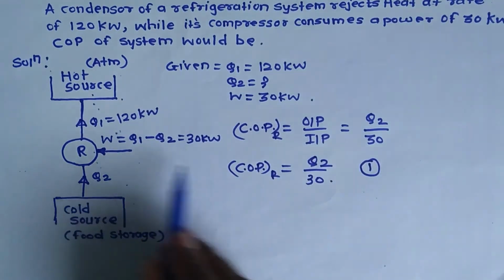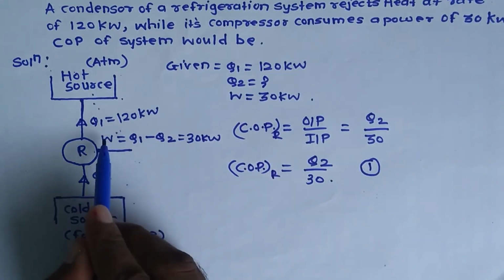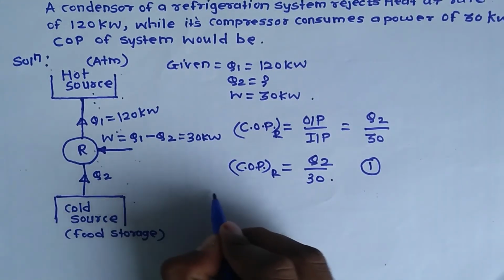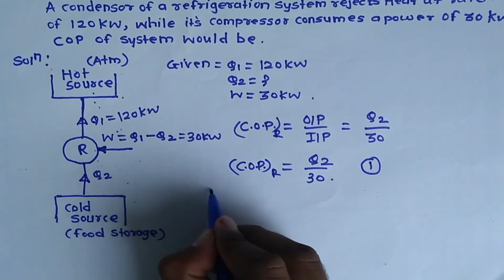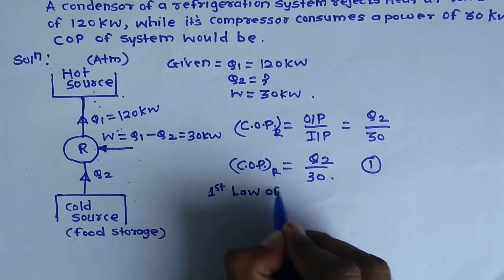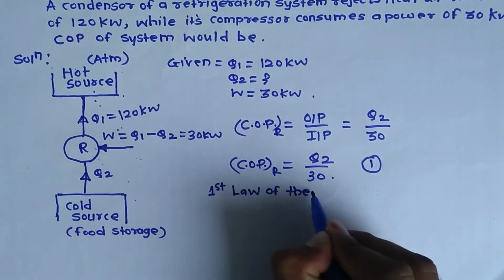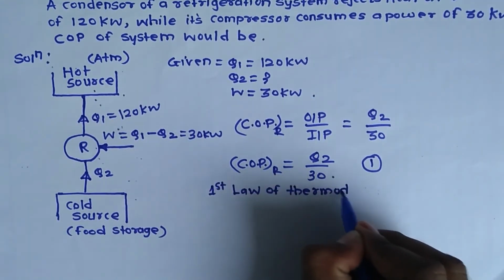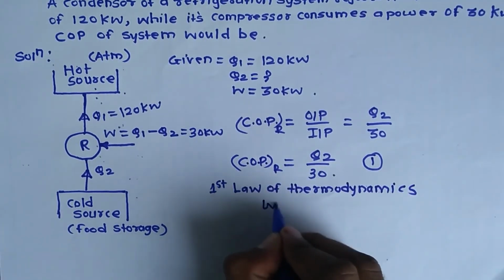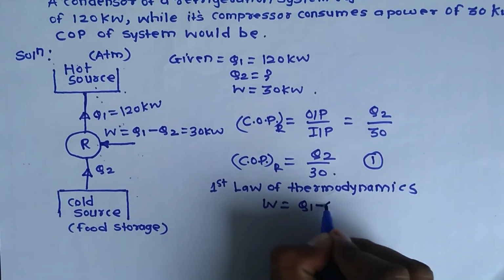Now we have to find out the coefficient of performance. So here this is the equation of first law of thermodynamics, that will be W is equal to, as per the first law of thermodynamics, W is equal to Q1 minus Q2.